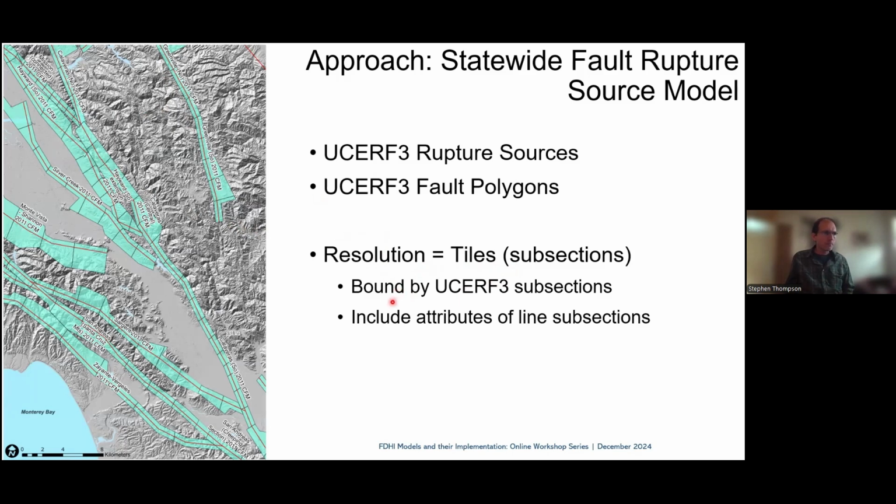And our resolution is pretty much bound by these UCERF3 subsections. And for each subsection, there are attributes that you can extract about the fault geometry, the rake, etc. And then the solution files give us information about the ruptures that each subsection is involved in, along with their magnitude and their rate.